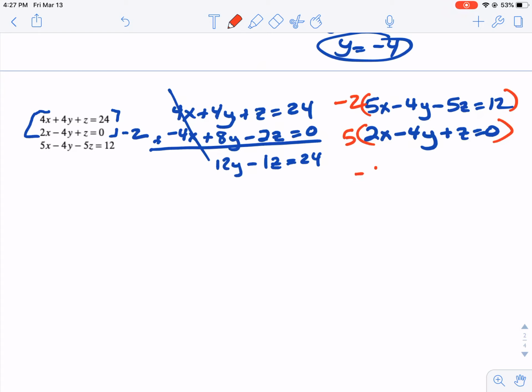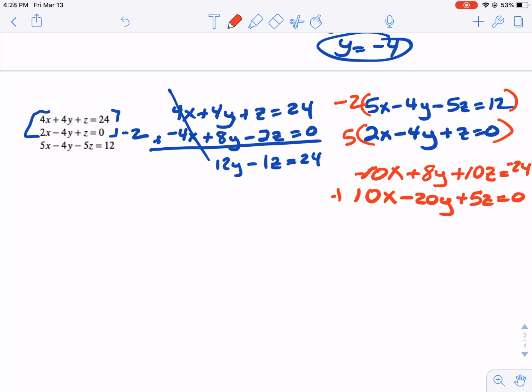So that's going to give me negative 10x plus 8y plus 10z equals negative 24. The bottom equation is 10x minus 20y plus 5z equals 0. Add them together. X's disappear.